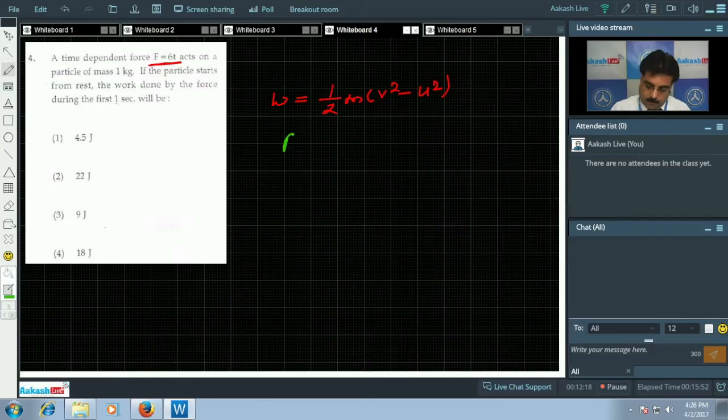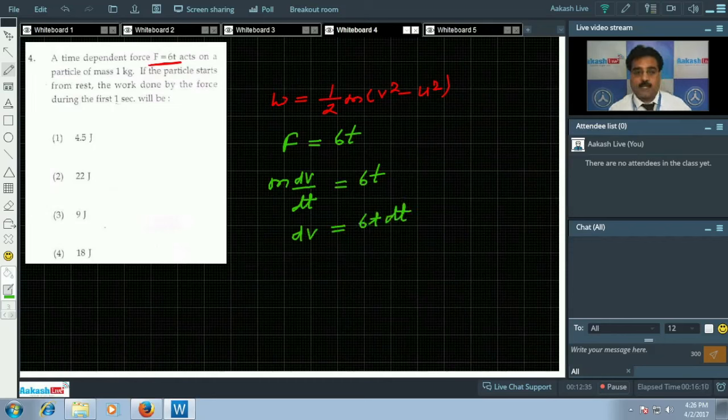So what you can do? First I am going to write the given equation. F is equal to 6 times of t. You can write m dv over dt, that is 6 times of t. So dv is equal to 6 t dt. I am not going to write the value of mass because mass is 1 kg, so there is no need of the value of mass.